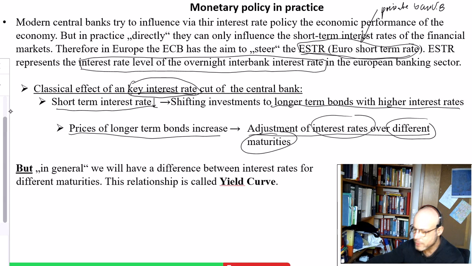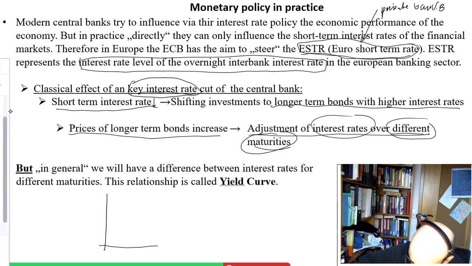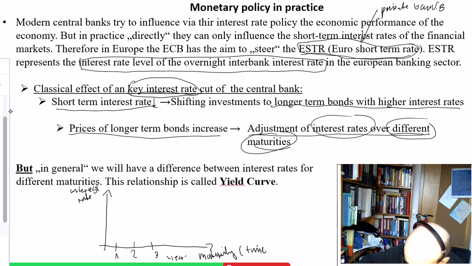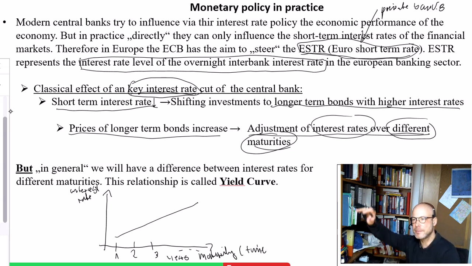But in general, of course, we have different maturities, and therefore, in general, we find an interest rate and maturity measured in time, 1, 2, in general, it is years, and in developed countries you find up to 30 years, that we have a dependence between interest rate and maturity. And we come to this in a minute, that in general, we would expect that the longer the maturity, the higher would be the interest rate.